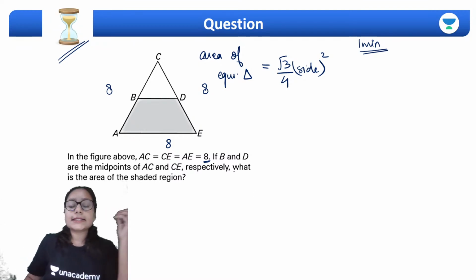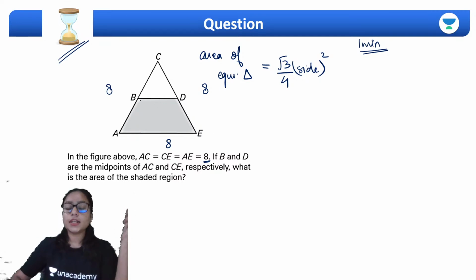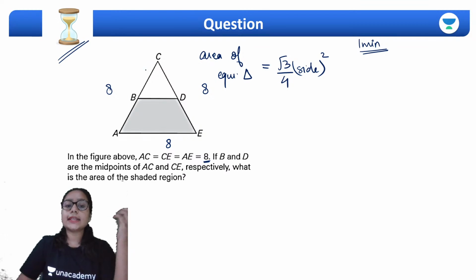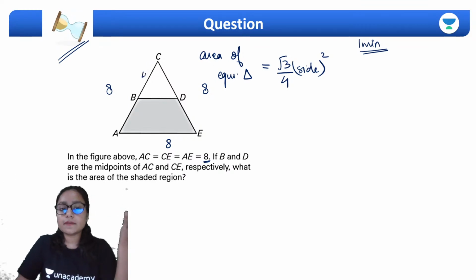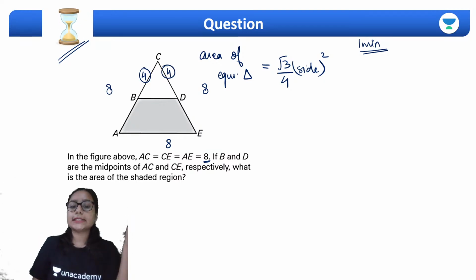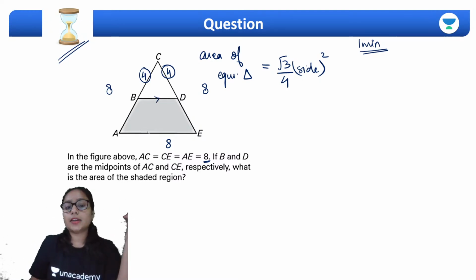Now, it is given that B and D are midpoints of AC and CE respectively. Since B is the midpoint of AC and AC is 8, BC will be 4. CD will also be equal to 4 as D is the midpoint. Now, according to the midpoint theorem, BD will be parallel to AE.